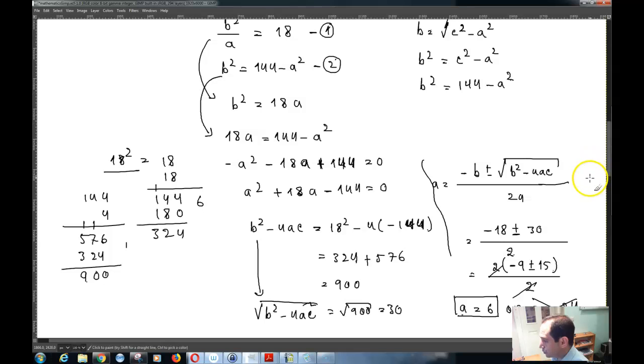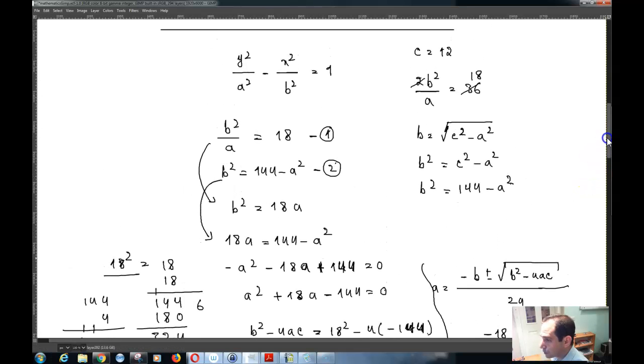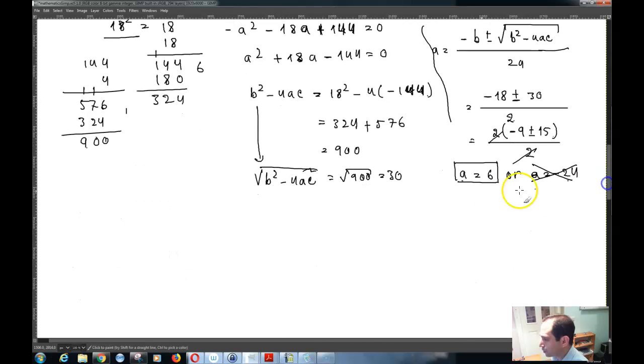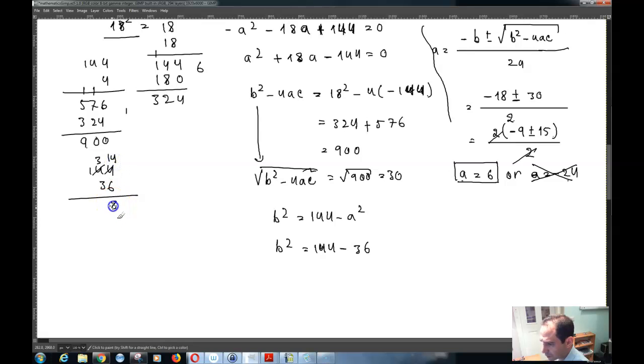Now if a is equal to 6, over here we said that b squared is equal to 144 minus a squared. So b squared is equal to 144 minus 36, which is 108. B squared is equal to 108.